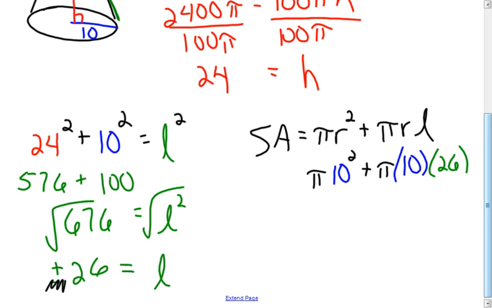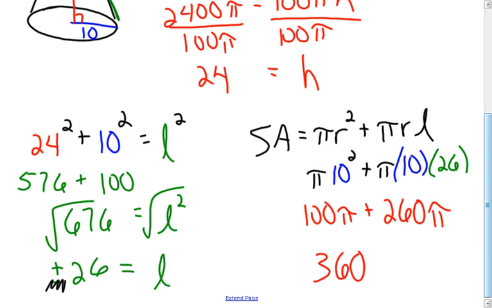Go ahead, do a little multiplying and a little adding, and we're going to have this taken care of. Well, 10 squared is 100, so I have 100 pi, plus 10 times 26 is 260, and then times pi. So add those together, and we end up with 360 pi. This was all in inches, let me double check.